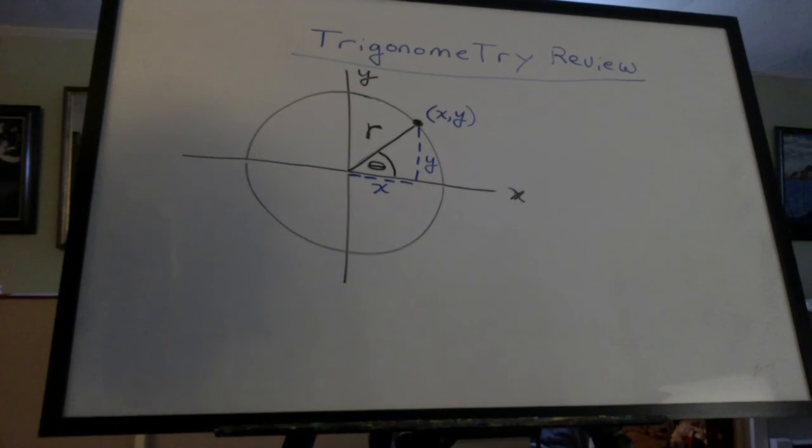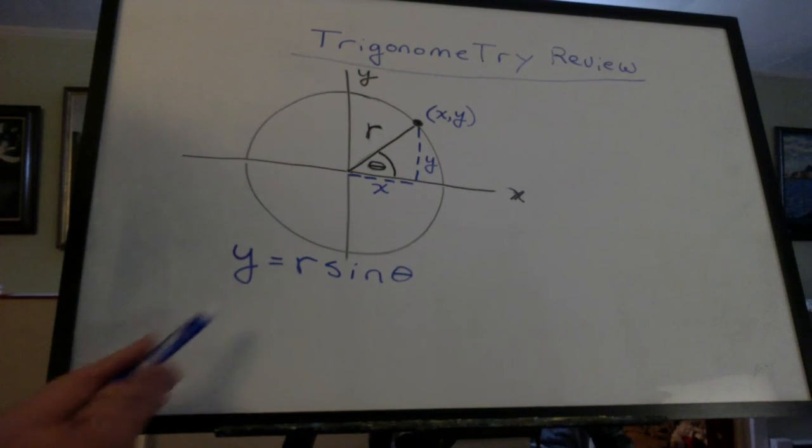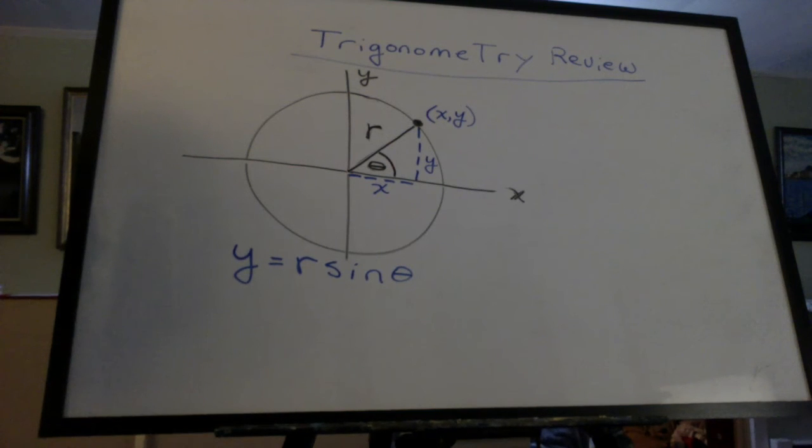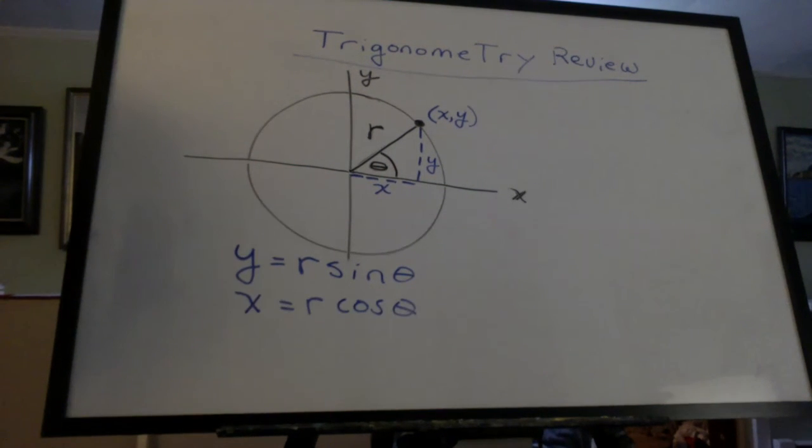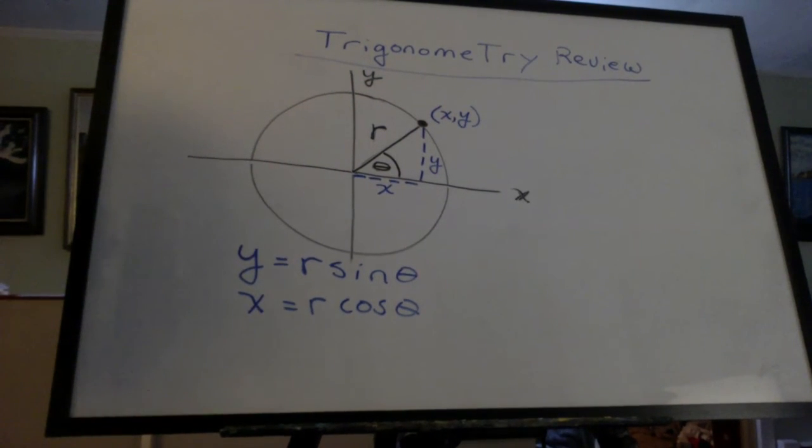Many times in physics, we deal with circles and circular motion, and this is often a very useful diagram. We can now think of the radius as a hypotenuse, and the formula becomes y equals r sine theta. Y is the opposite side. And the adjacent side, which would be x, that's equal to r cosine theta. This is really how I remember those formulas.